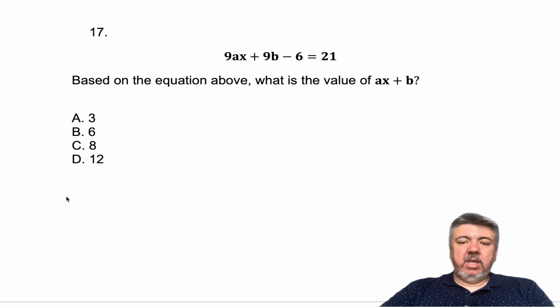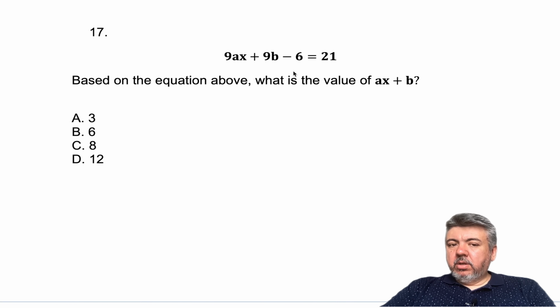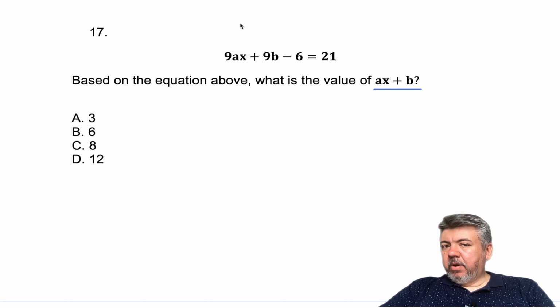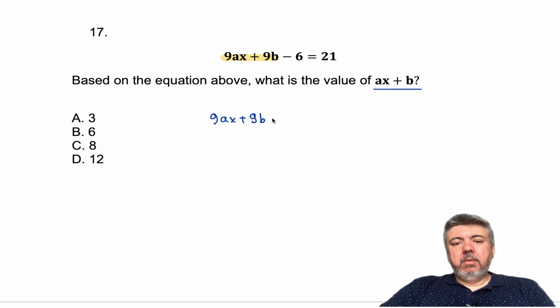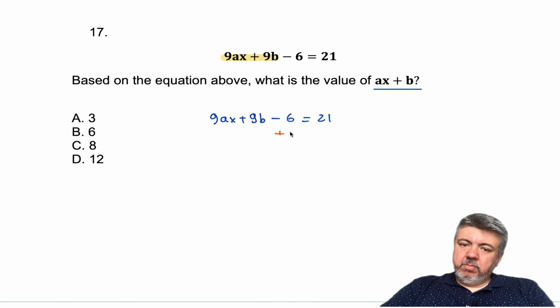Question 17. Based on the equation above, what is ax plus b? Okay, I might have ax plus b here. So 9ax plus 9b minus 6 equals 21. Add 6 to both sides.